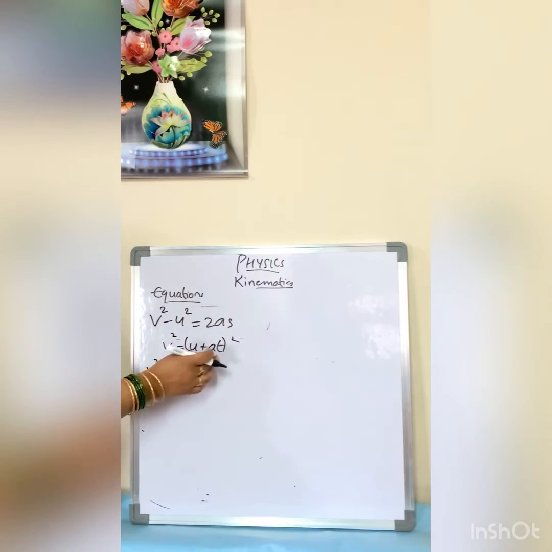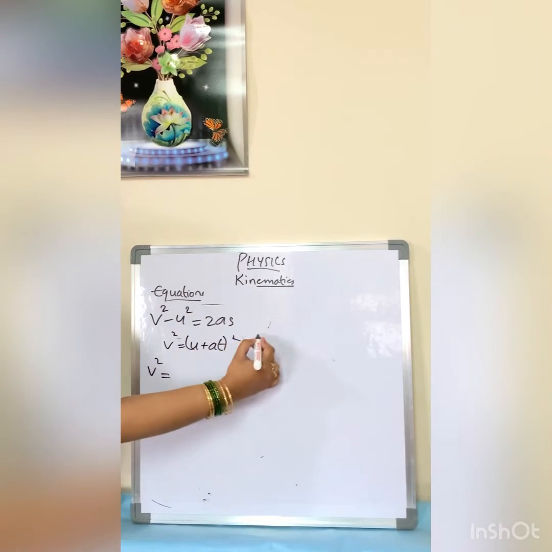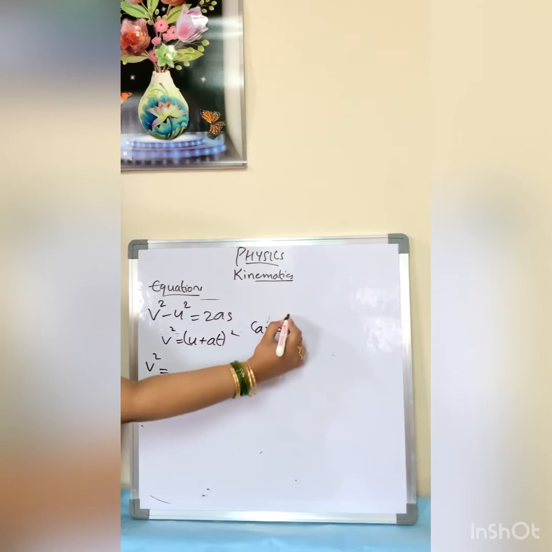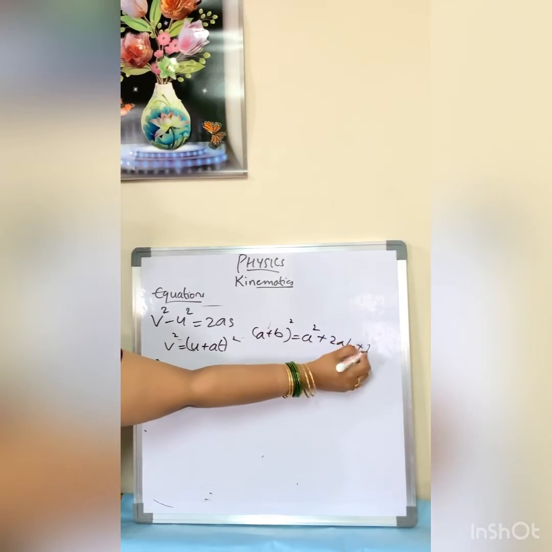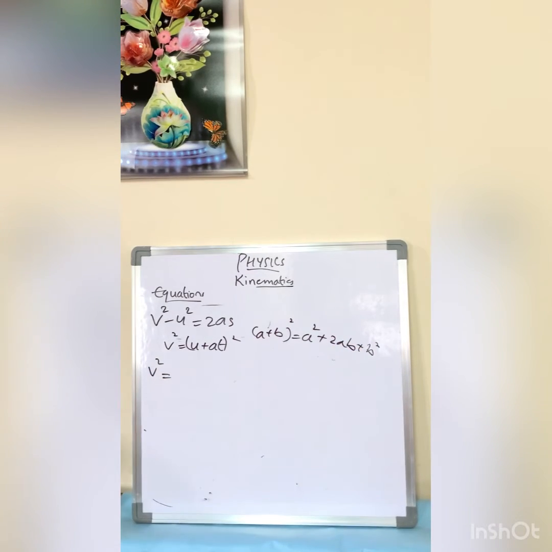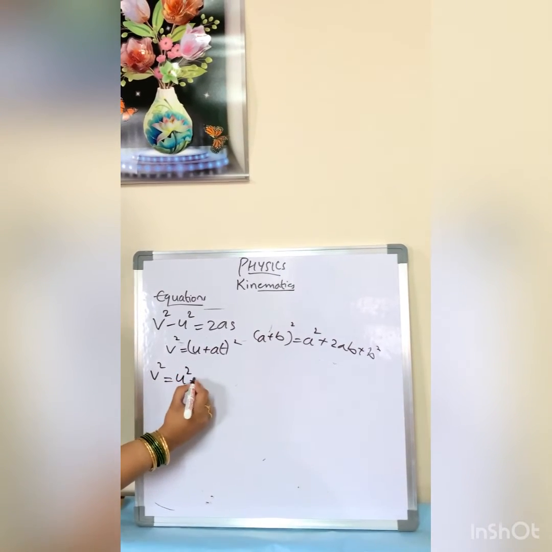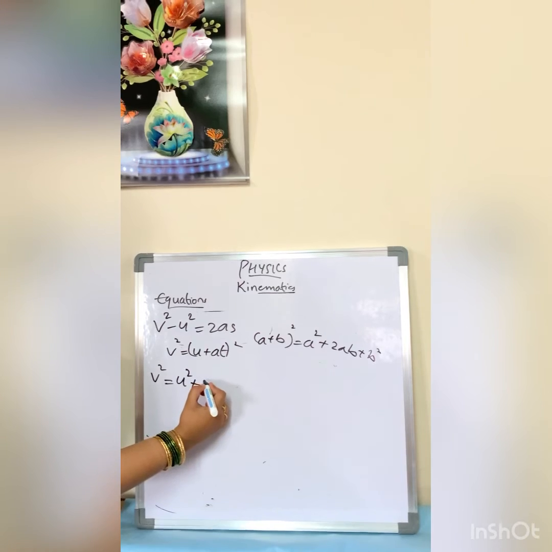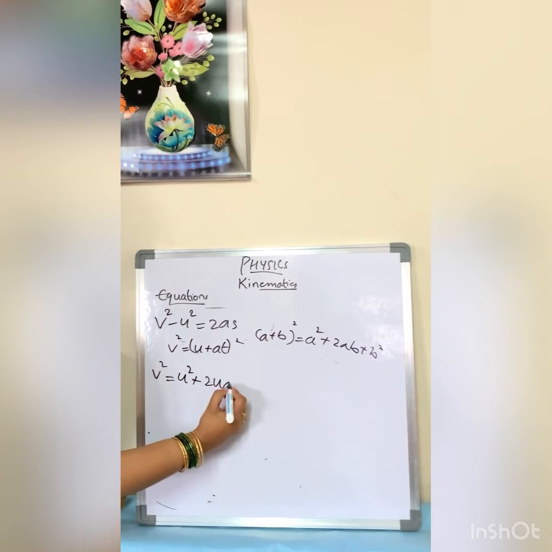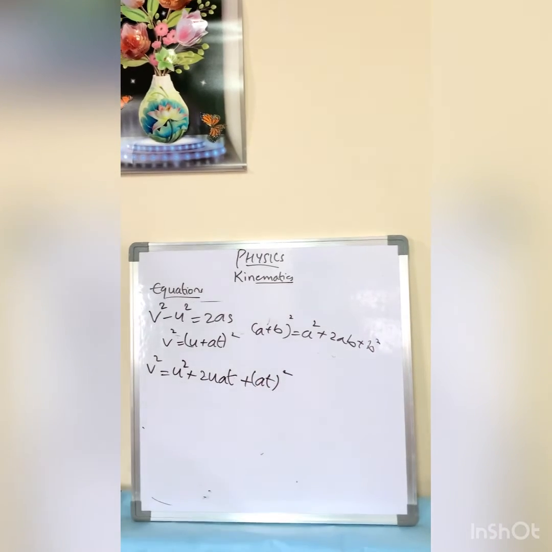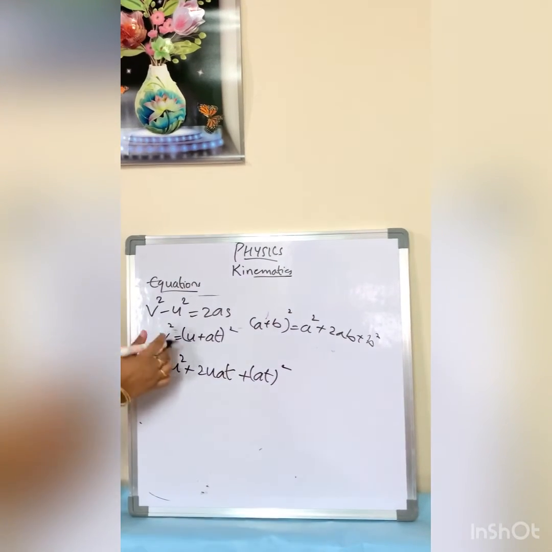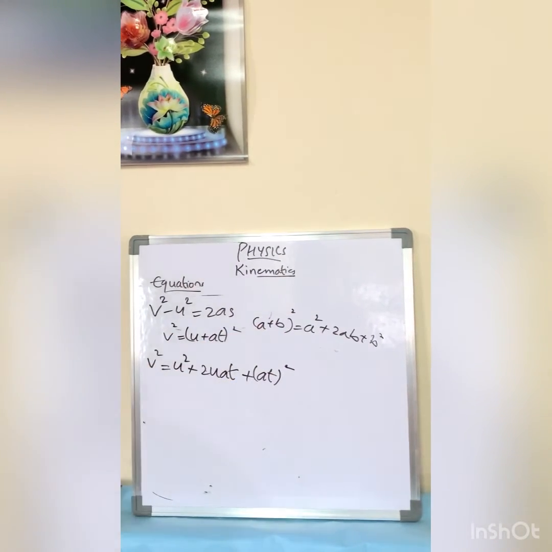That means A plus B whole square is equal to A square plus 2AB plus B square. In the same way, U square plus 2UAT plus AT whole square. Like A plus B whole square, we have derived this.